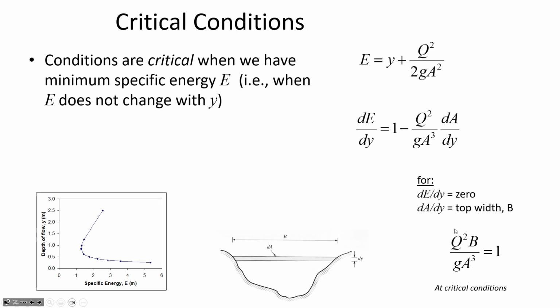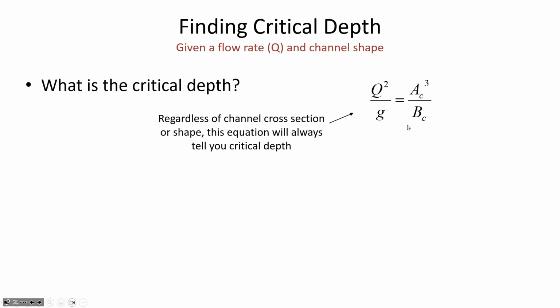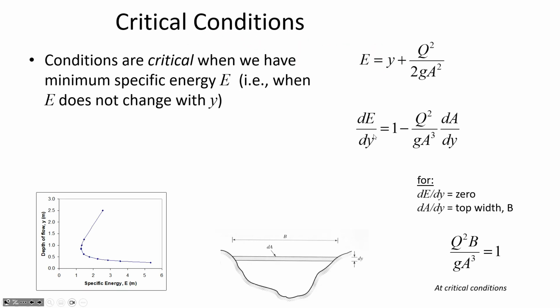So if we rearrange this, at critical conditions, we put on the left-hand side the flow rate squared divided by g, and on the right-hand side the area when the depth is critical, cubed, divided by B, the top width when you have critical conditions. So Q squared times B divided by g A cubed is equal to 1 at critical.